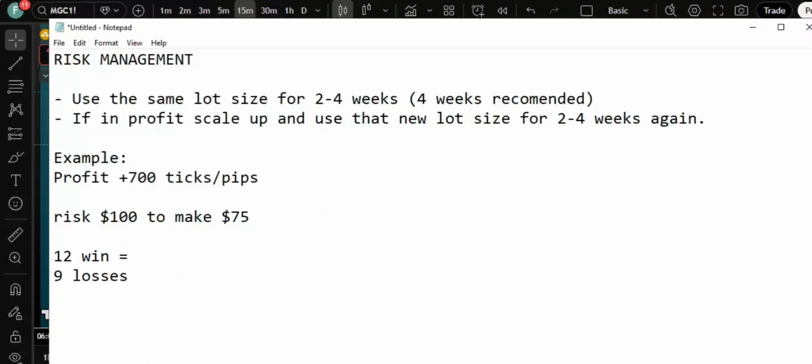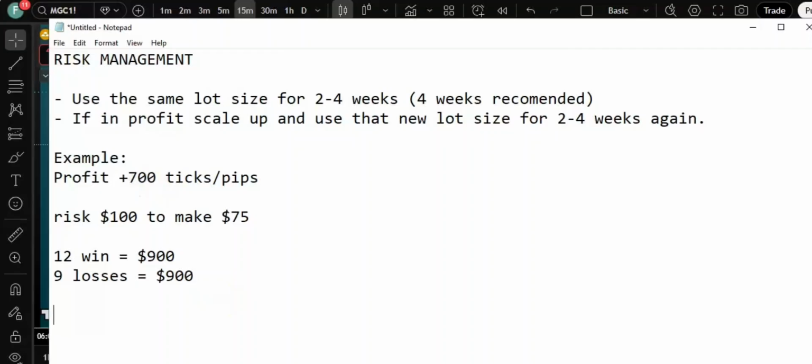So if you had 12 wins, you made $900, because 75 times 12 would be $900. And then say you had 9 losses, you risked $100 per trade, so you lost $900. You didn't lose any money, but you also didn't make any money. You were break even, but you were in profit 700 ticks.